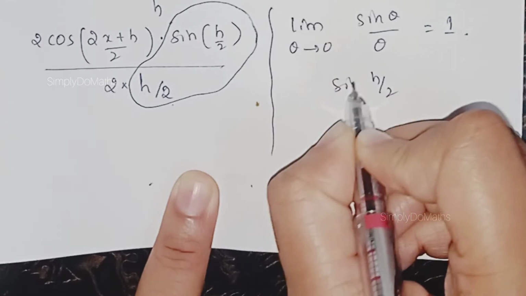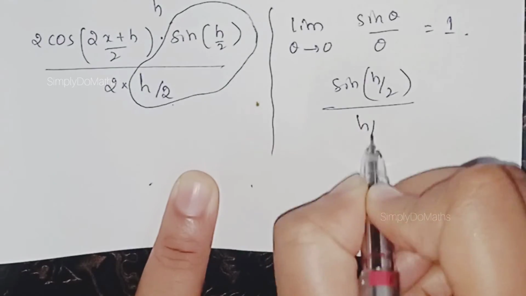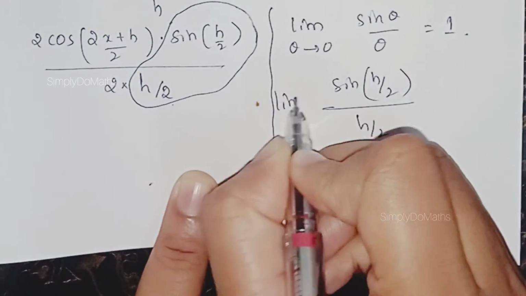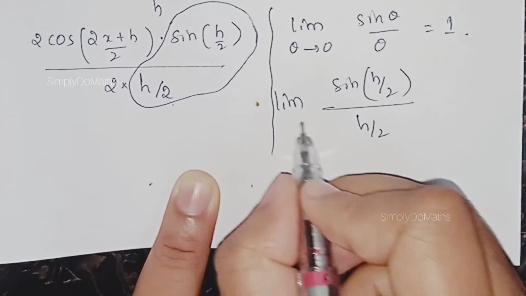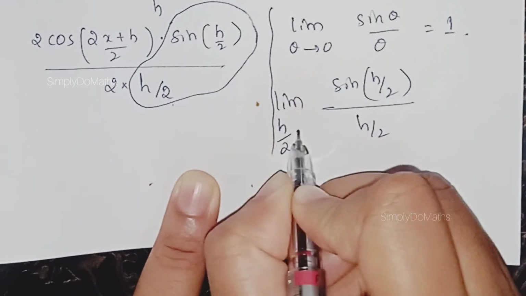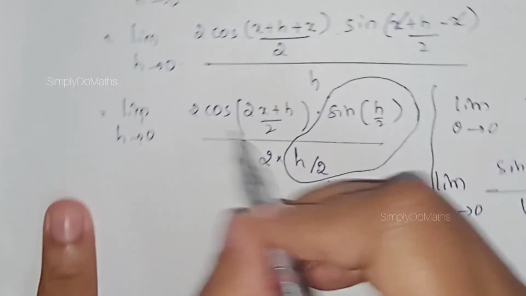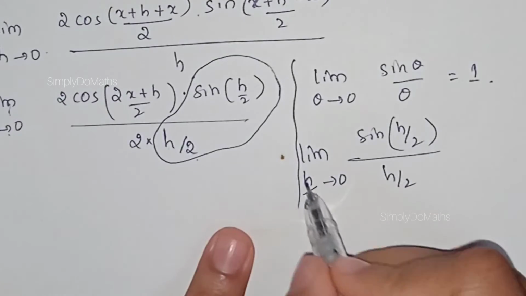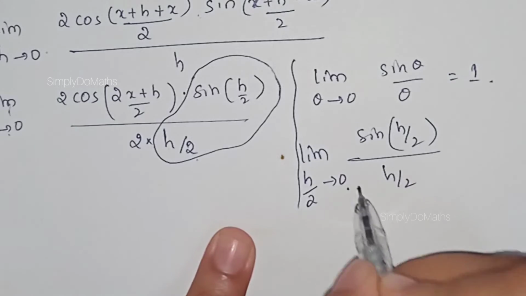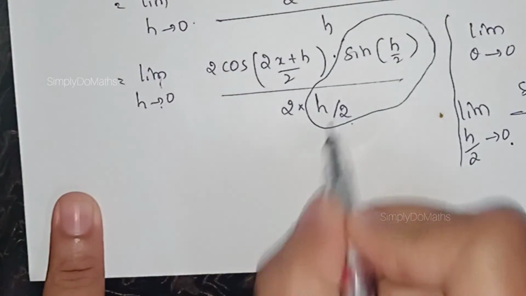So this is sine of h by 2 divided by h by 2, as limit, in the place of theta we have h by 2, right? h by 2 tending to 0. Whenever h tends to 0, then h by 2 also tends to 0. So you can apply the same thing here.